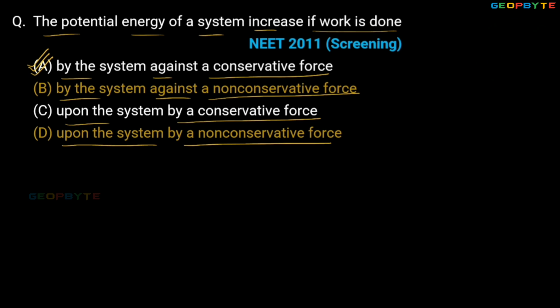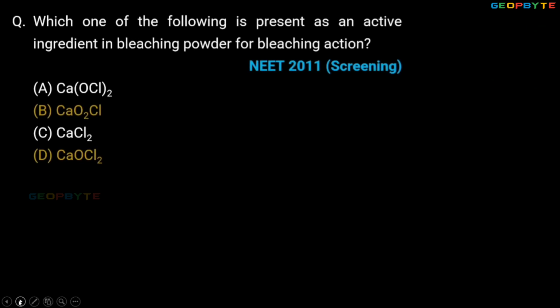This point we already clearly discussed while we were discussing the theory concepts. Do you remember? Then let us take another important problem. It is asking: which one of the following is present as an active ingredient in bleaching powder for bleaching action?